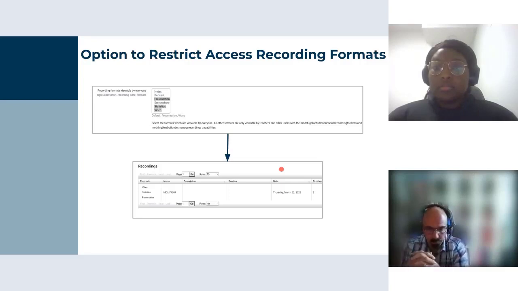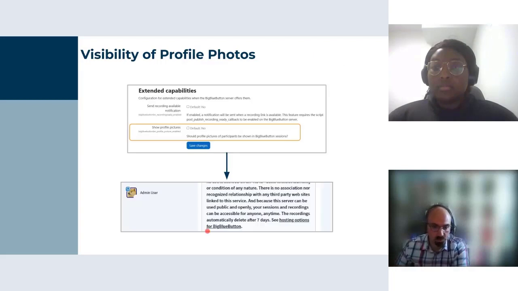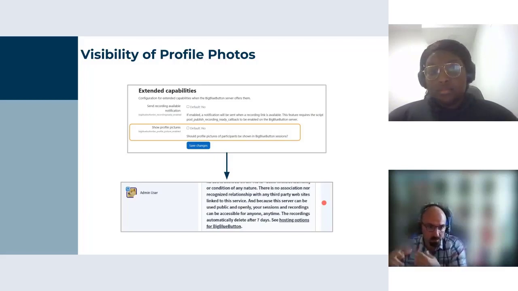So this is a way to restrict what is visible to the user at the end of a meeting in the recording list. The second feature is more obvious. As an administrator, you can enable the profile picture of the user in Moodle to be sent to BigBlueButton when people join the meeting. So then it's displayed and it looks a bit more user-friendly.